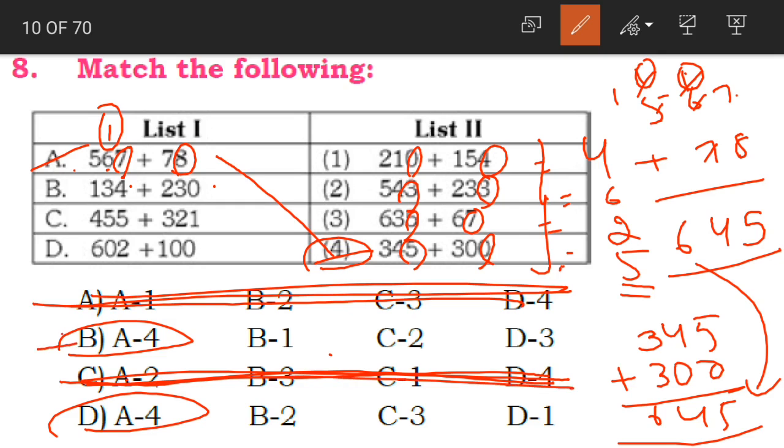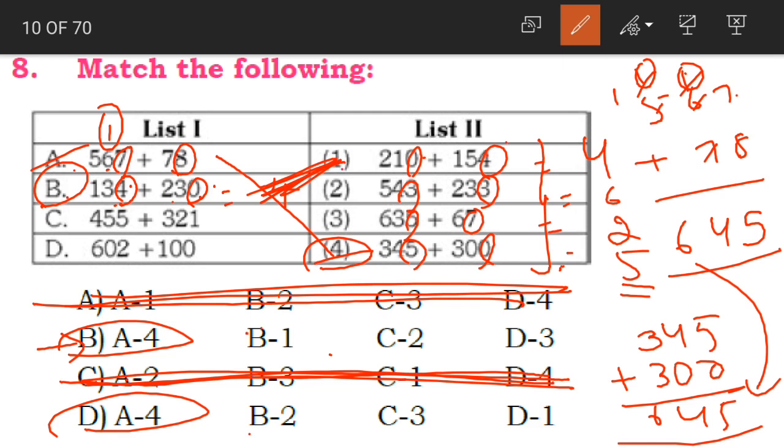So when we look at option B, now again see here, B is having 4 plus 0, that is equal to 4 in the units place. Now from list 2, which is having 4 in the units place? Yes, option number 1. So B is equal to 1 in list 2.